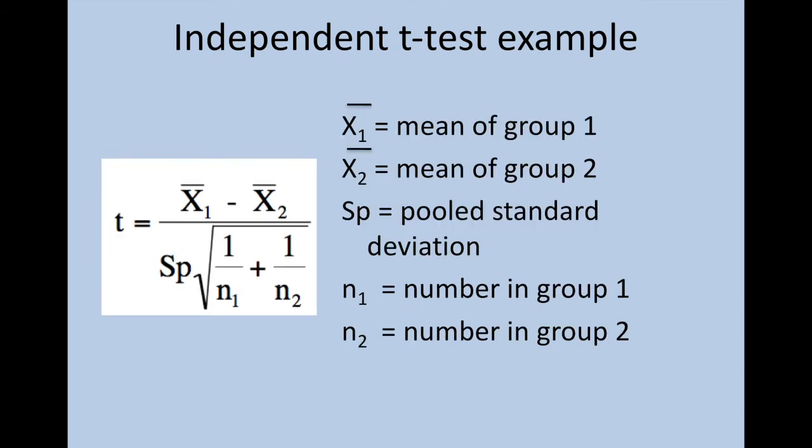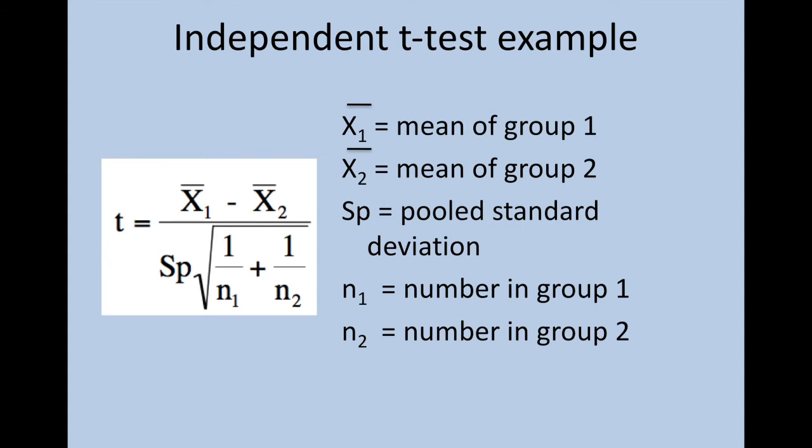So remember, you're comparing means. Just like when we had the mean of one group, and we subtracted from that the population mean, and we divided it by the standard error of the mean, in this case, we're going to take the pooled standard deviation and multiply that by the square root of 1 over n1 plus 1 over n2.